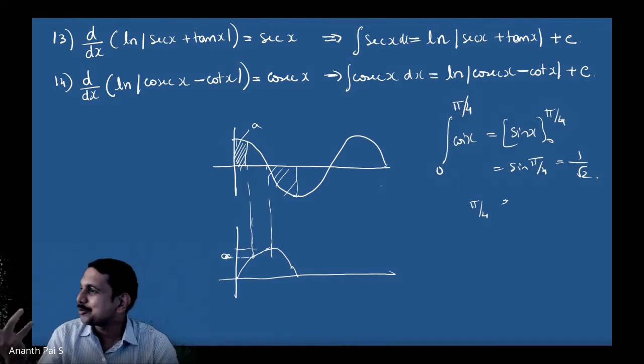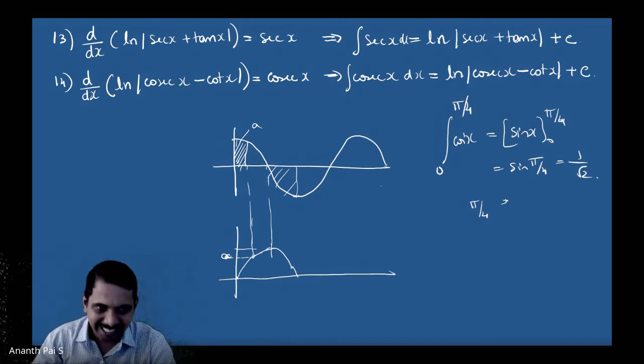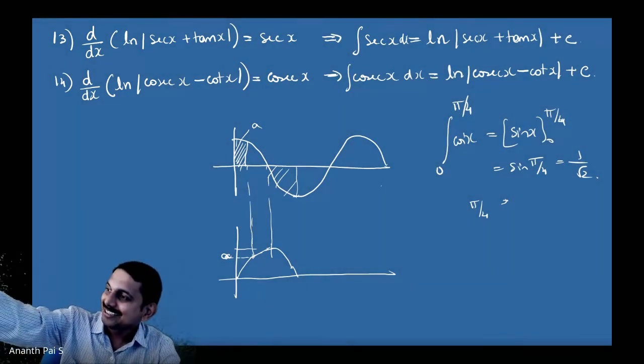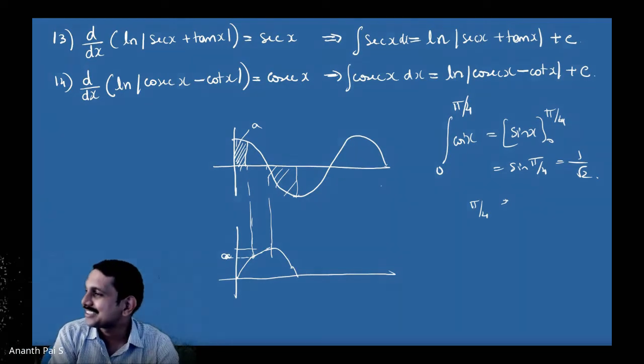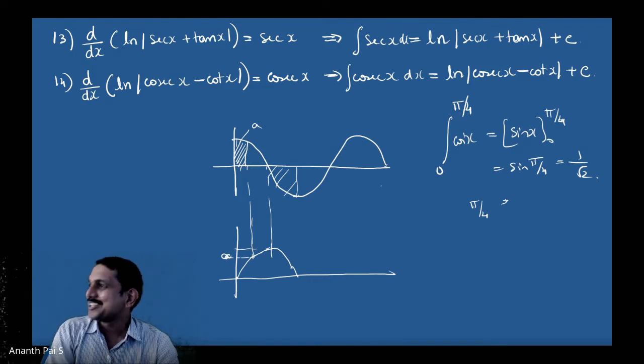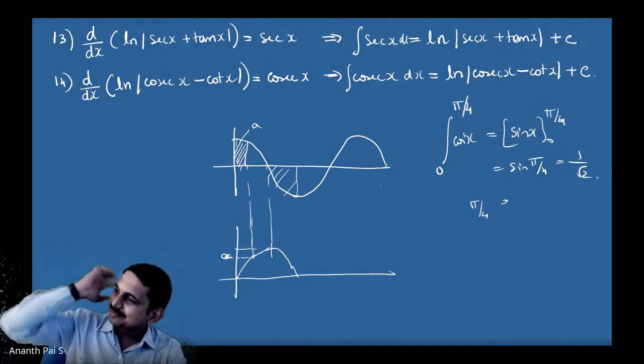There it's proved. So the value of sin x gives the value of the area under the curve till that point, under the cos curve. Getting that point? So till any point you take from 0 to that point.